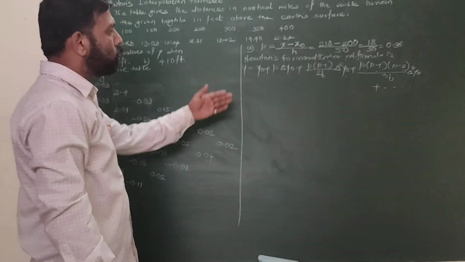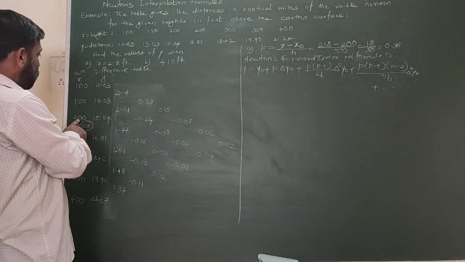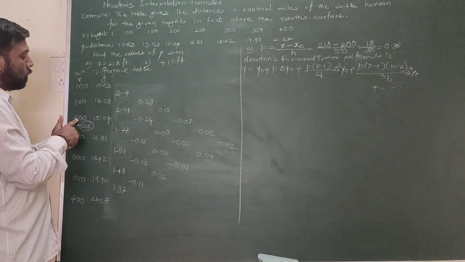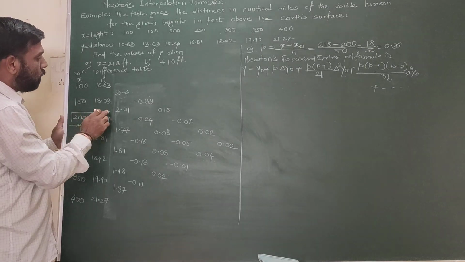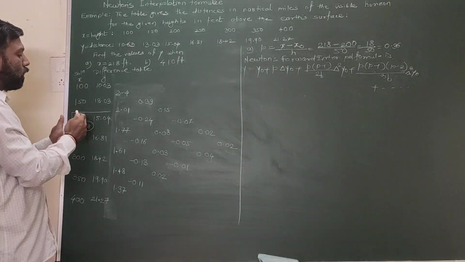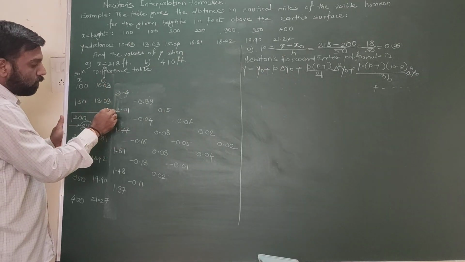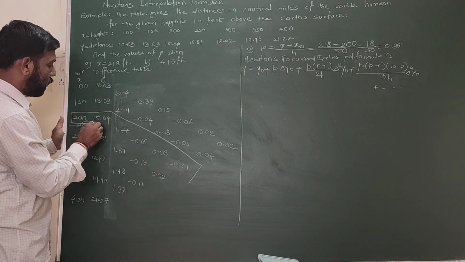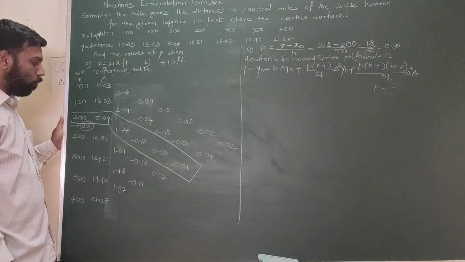So maximum first 4 terms we will consider for the discussion. Now this is our x0 value, so this becomes our y0. So these values accordingly we will consider. In the first column this is the third value, next third value. Like this the values we have to consider in the Newton's forward interpolation formula.